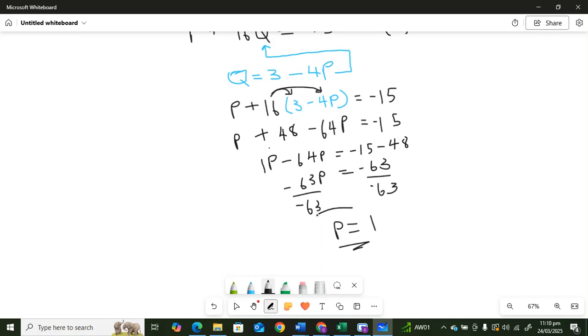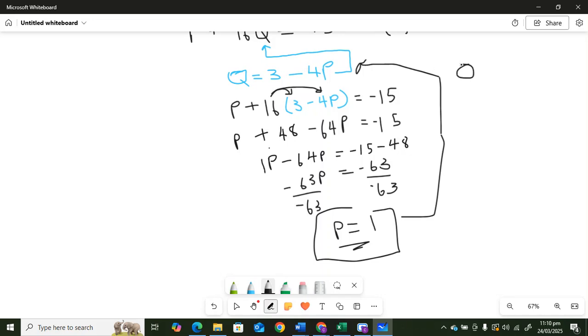So this p equals 1. You can substitute it into here to get our value of q. So q equals 3 minus 4. So we substitute p with 1.